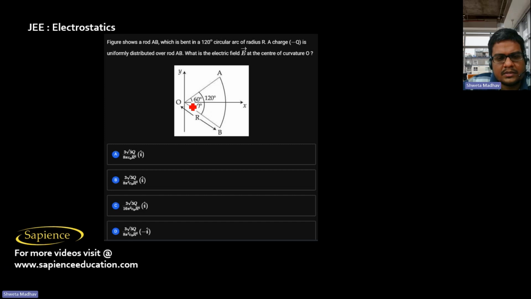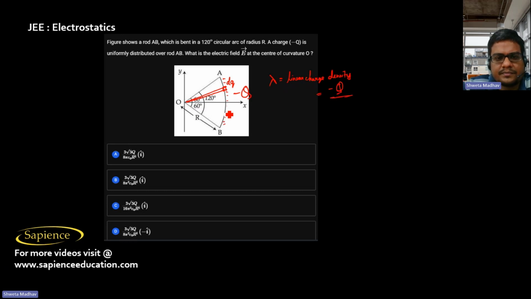Let's say we take a dq component here, and this is having negative charge. Now the net negative charge is minus q. So therefore lambda, the charge per unit length or the linear charge density, is equal to minus q by the net length.